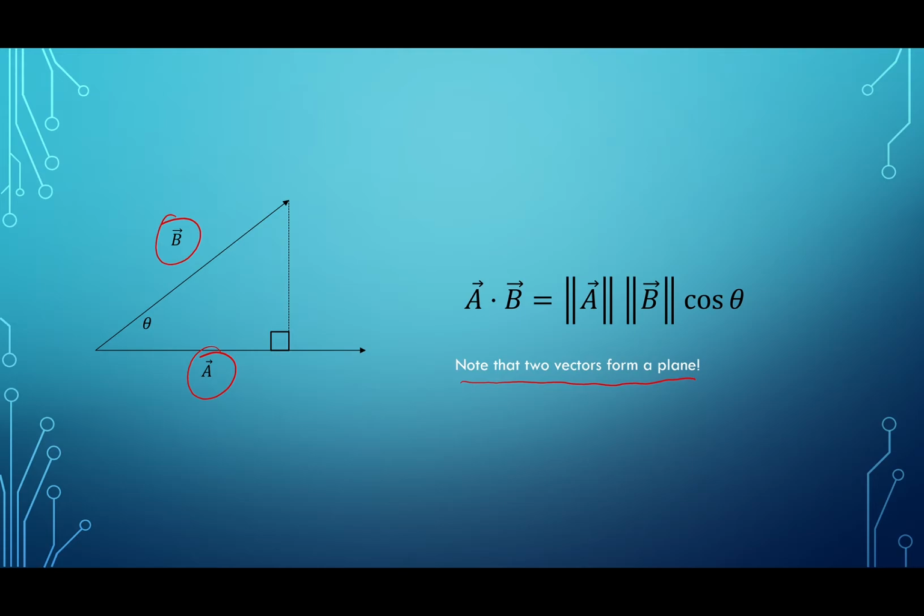Because of that, if we put their tails on the same point and they have an angle which we call theta, then the dot product is defined as the magnitude of A times the magnitude of B times the cosine of angle theta.